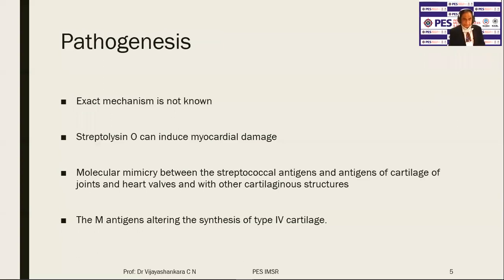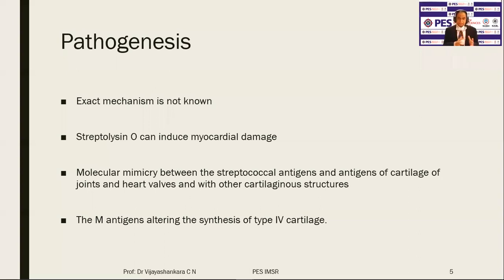How the infection with group A beta hemolytic streptococcus causes acute rheumatic fever is definitely not known. One of the things is that the enzyme streptolysin O can induce myocardial damage and also affect various tissues, particularly the joints.